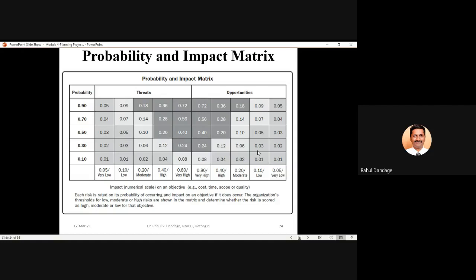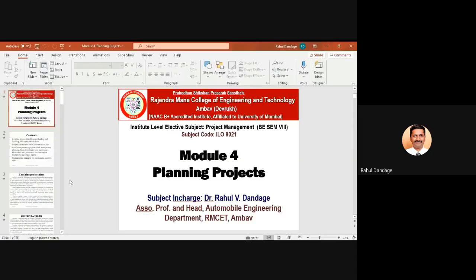Now you can observe, if you look at the diagram carefully, there are certain... I will just show you.